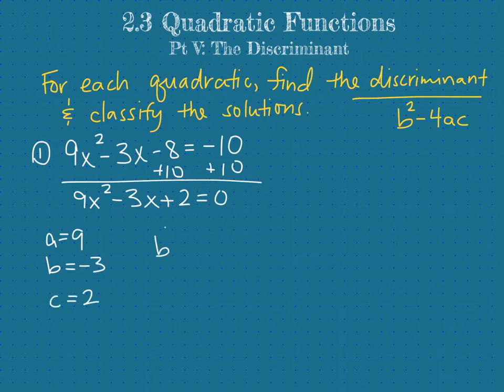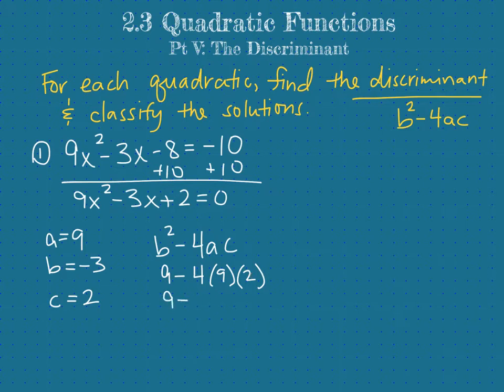And so we want to find our discriminant, which is b squared minus 4ac. So plugging that in, we'll have -3 squared, which is positive 9, minus 4 times 9 times 2. This is a minus sign and there's no other negative, so there'll be a negative here.